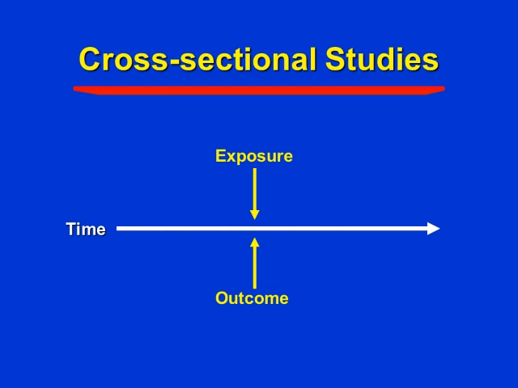So this is a classic example of a cross-sectional study, and the hallmark of a cross-sectional study is that as you're looking at time, you're measuring the exposure and the outcome at the same time.